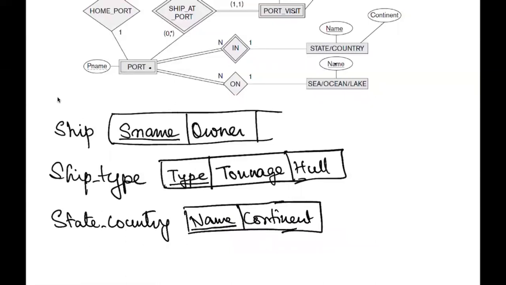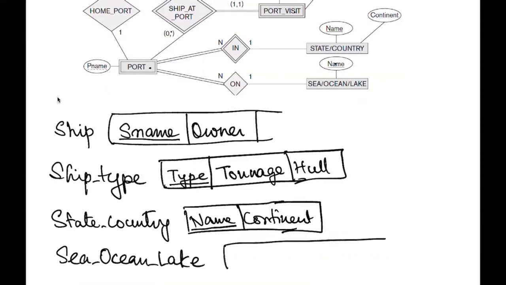Similarly, for the entity sea, ocean, lake, we'll create one relation. As you can see here, it has only one attribute, so I will just make this a little smaller. So I have name. Okay.